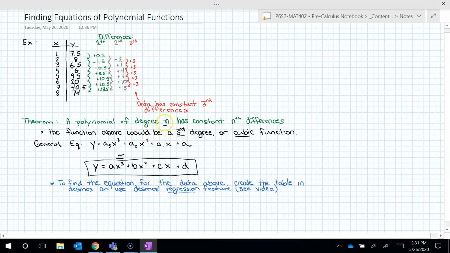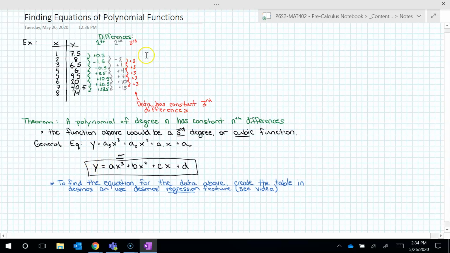A cubic function will have constant third differences, and a fourth degree function would have constant fourth differences, and a fifth degree function constant fifth differences. That is a theorem of polynomial functions. A polynomial of degree n will have constant nth differences, or an nth degree polynomial will have constant nth differences.